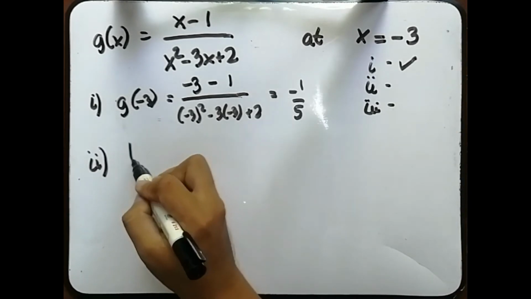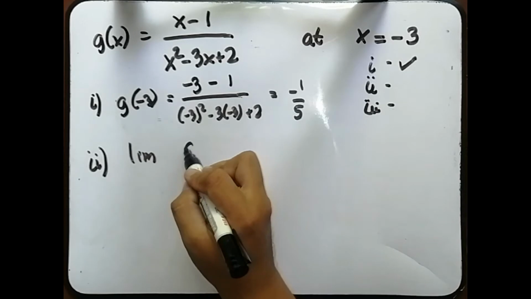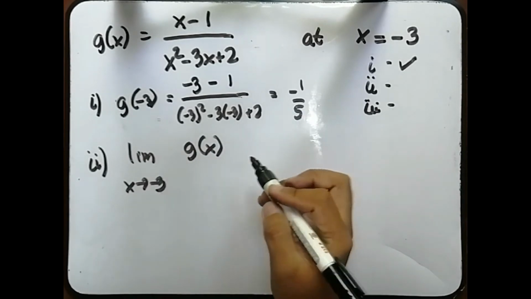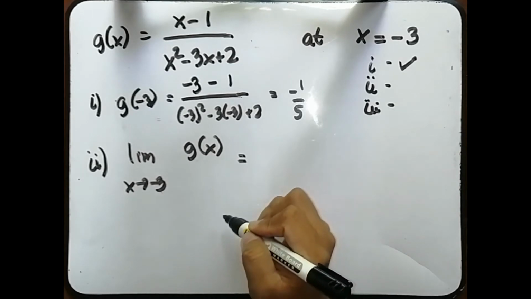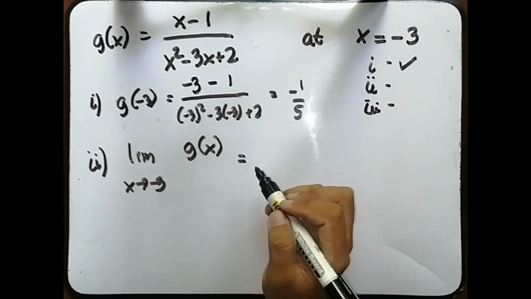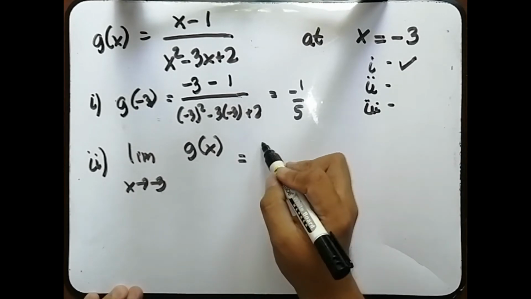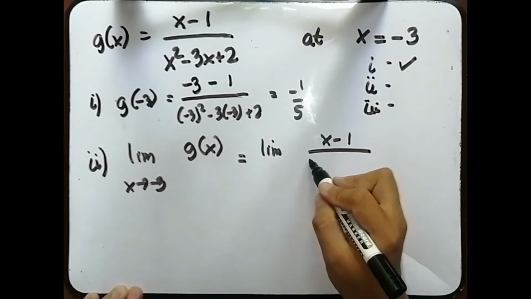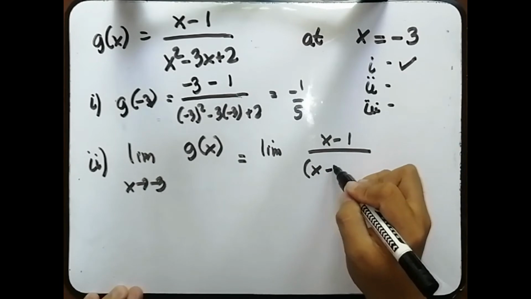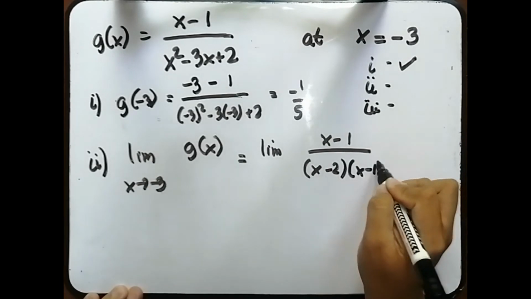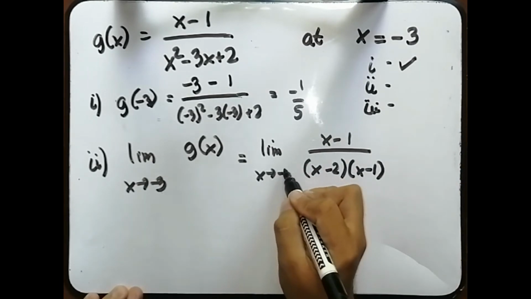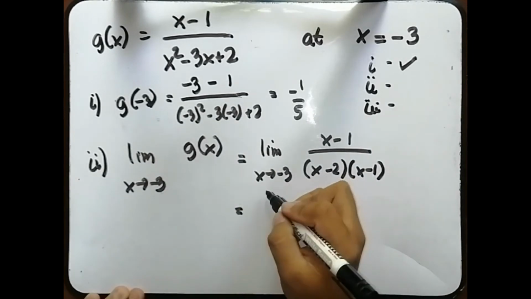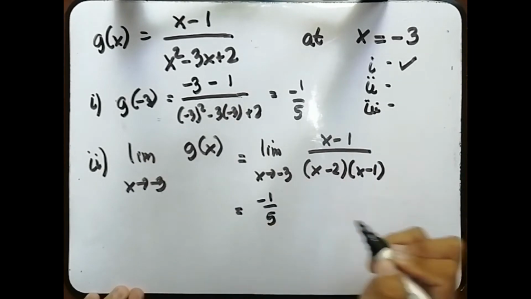Second criterion, yung limit ng g of x as x approaches negative 3 must also be defined. So tignan nga natin. This is now the limit of x minus 1 over x minus 2 times x minus 1 as x approaches negative 3, or that is equal to negative 1/5.